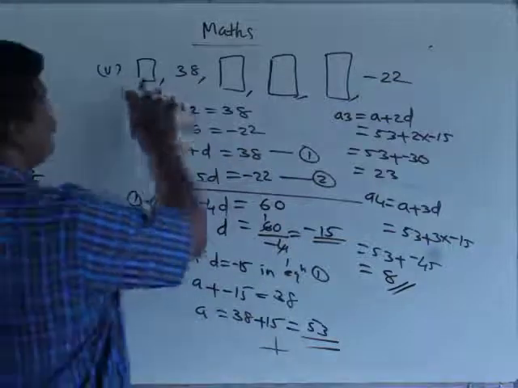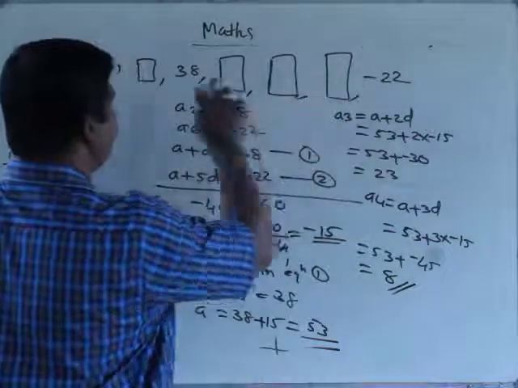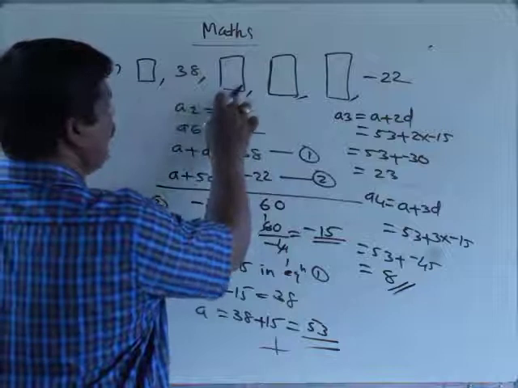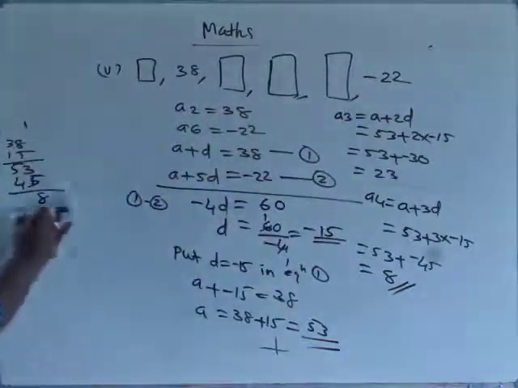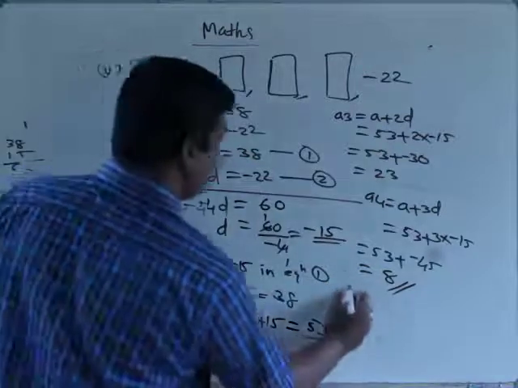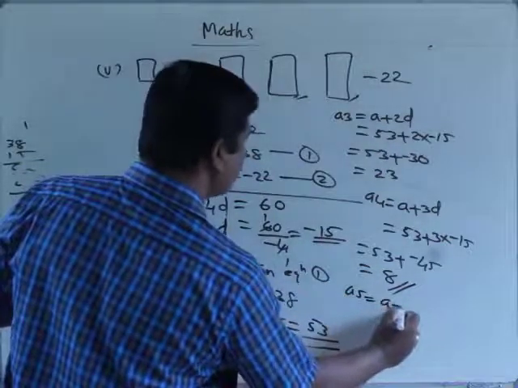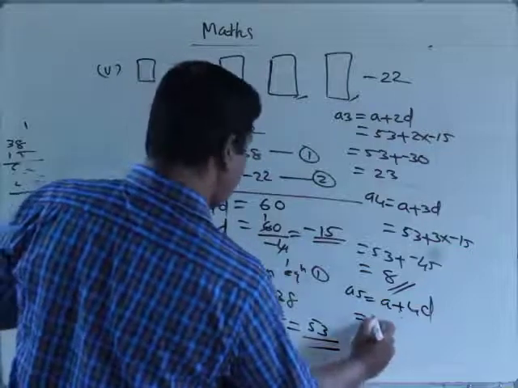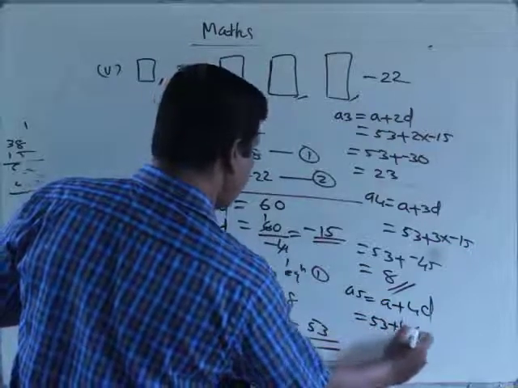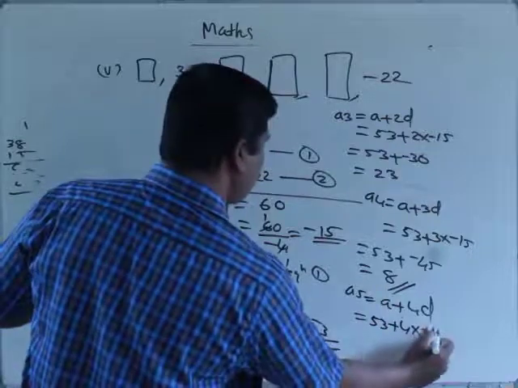Next find out the fifth term. So the fifth term A5 is equal to A plus 4D. That is equal to A 53 plus 4 into D. D is minus 15.